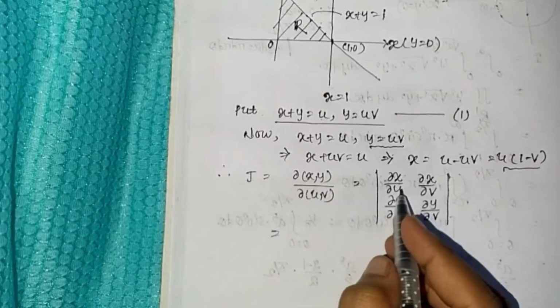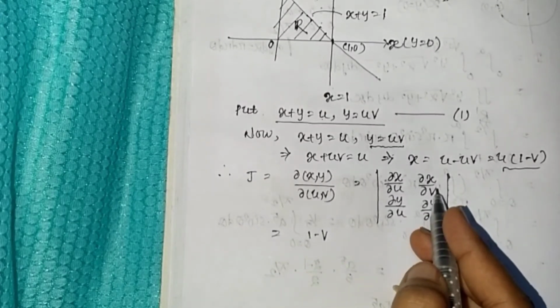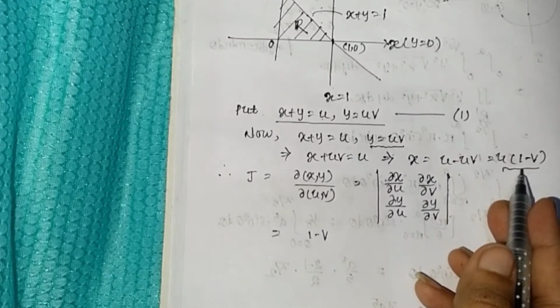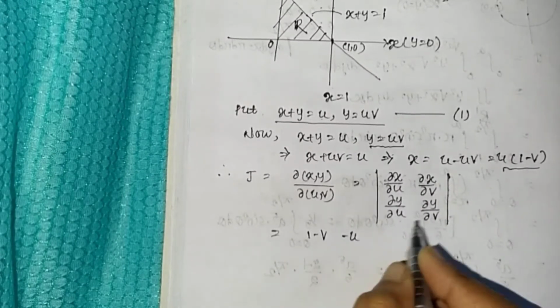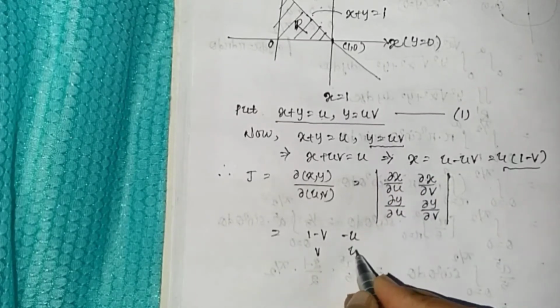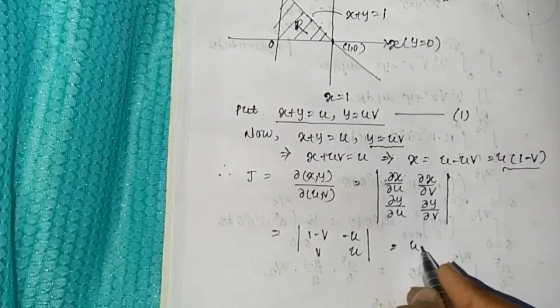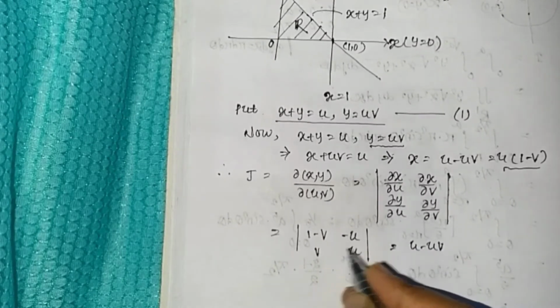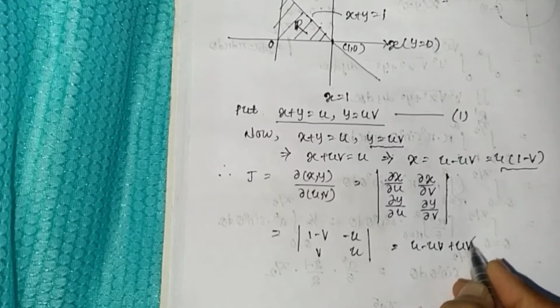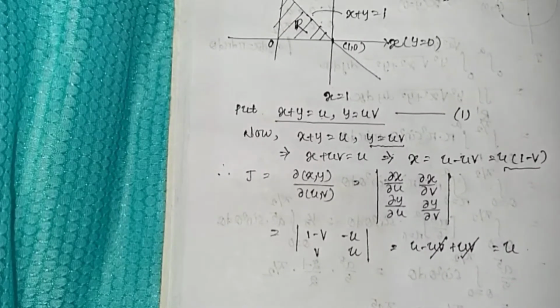Then del x by del u is 1 minus v, del x by del v is minus u, del y by del u is v, and del y by del v is u. Its determinant is u(1 minus v) minus (minus u)(v), that is u minus uv plus uv. So uv cancels out, and that is equal to u.